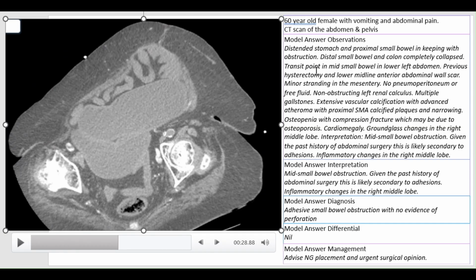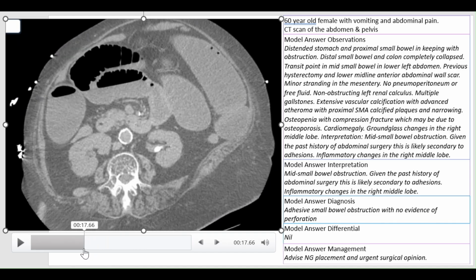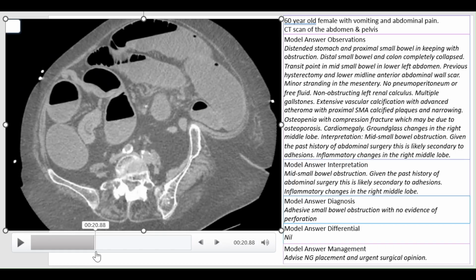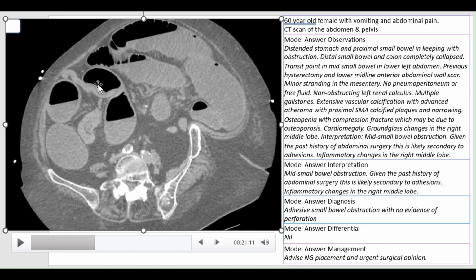There's a transient point in the mid small bowel in the lower abdomen. I will show you this transient point. Focus here. Can you see this ileal loop?